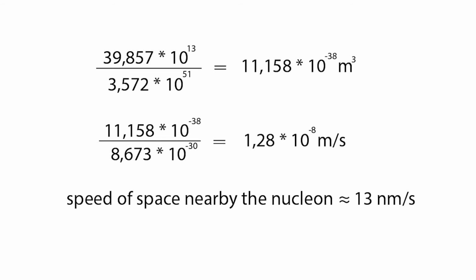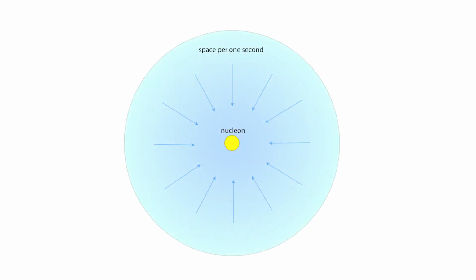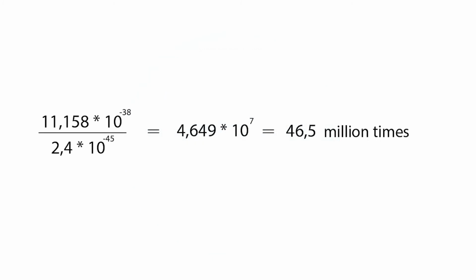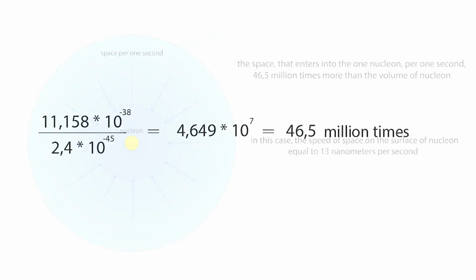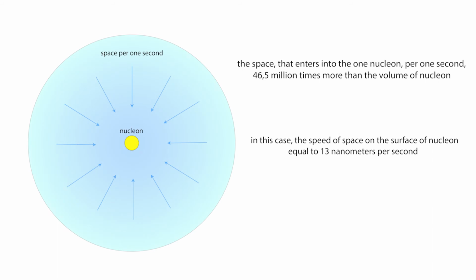The absolute magnitude of the speed is very small. But what can we say about the relative magnitude? Let's calculate how many times the volume of space per 1 second is more than the volume of the nucleon. The volume of space is more than the volume of the nucleon by about 46 million times.